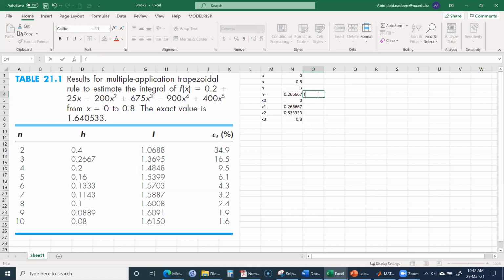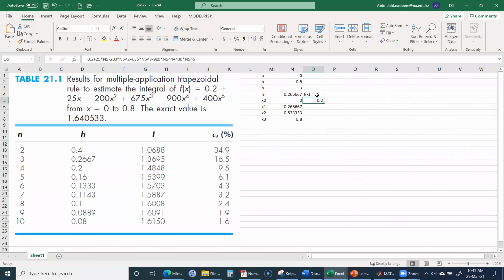And now we need to calculate the f of x values. The f of x values are equal to the function 0.2 plus 25 times x minus 200 times x square plus 675 times x cube minus 900 times x power 4, and then plus 400 times x power 5.